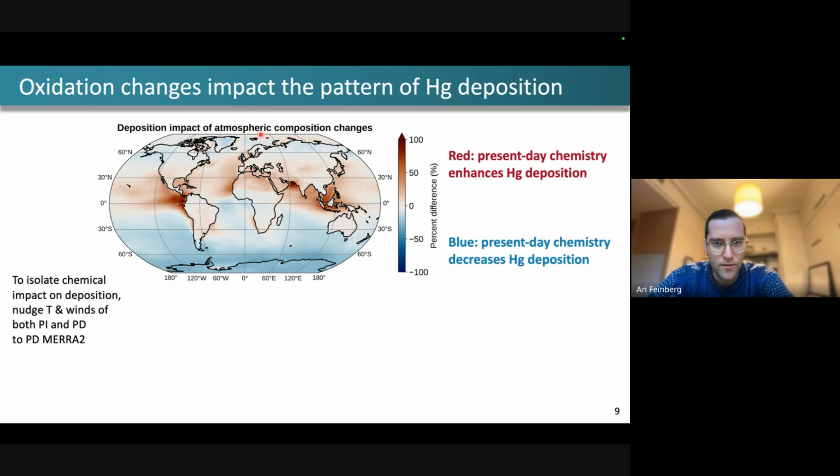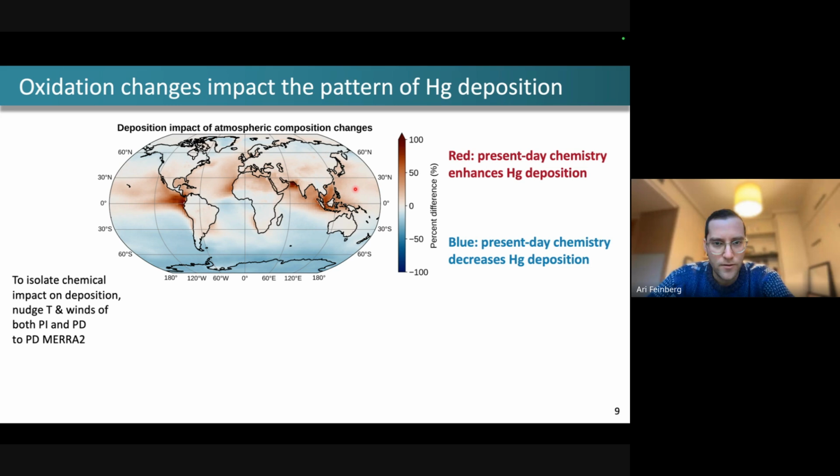And so here we've nudged both simulations so that the dynamics are similar, so that we're able to isolate the signal only from the chemistry. And as well, I run with the same emissions in both periods, just to isolate alone the effect of chemistry.